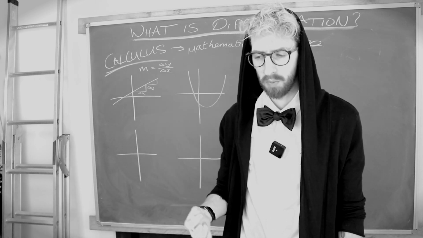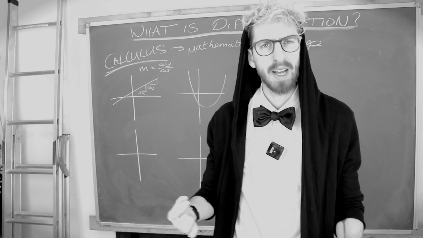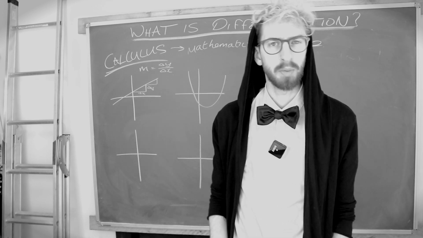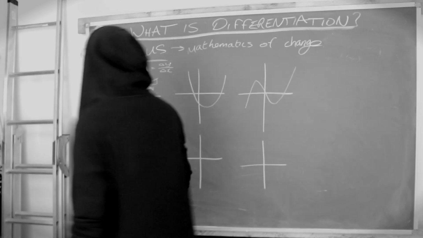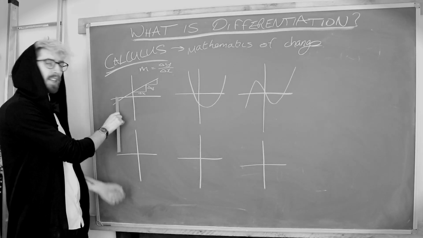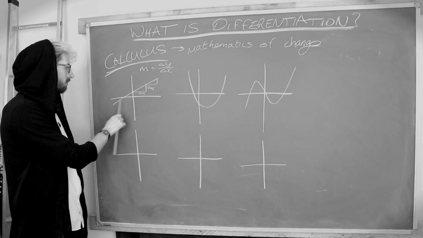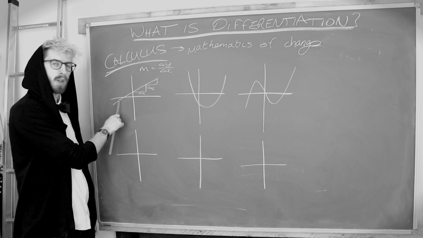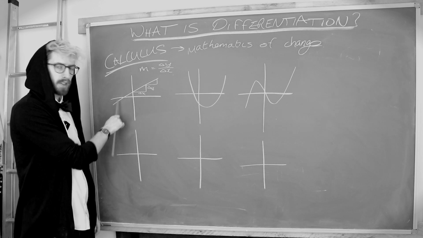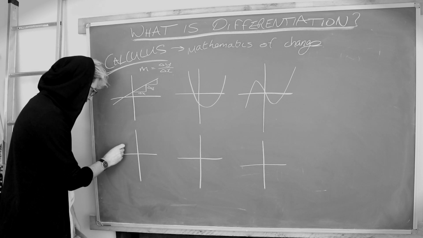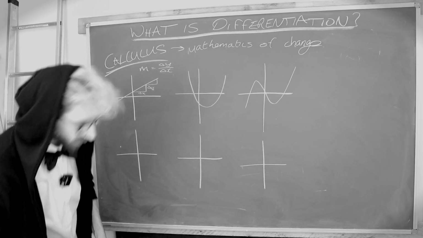Derivative is another kind of word for the gradient function, how it changes with x. So if I was to look here, at this value of x, the gradient, well, it's positive because it's going up. It looks like it's less than 1, so I'll put a little cross there. Let's do it in yellow.